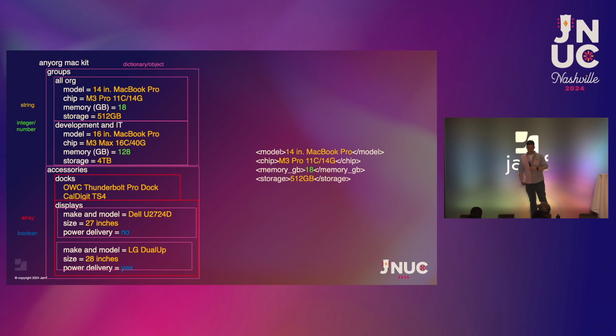So we have a bunch of data, 4 data points that all belong together to the all org spec. How do we put it in the all org box? Well, we just throw some tags around it. Tags can wrap data, they can wrap other tags. And now all org is the parent tag of all of these 4 data points.